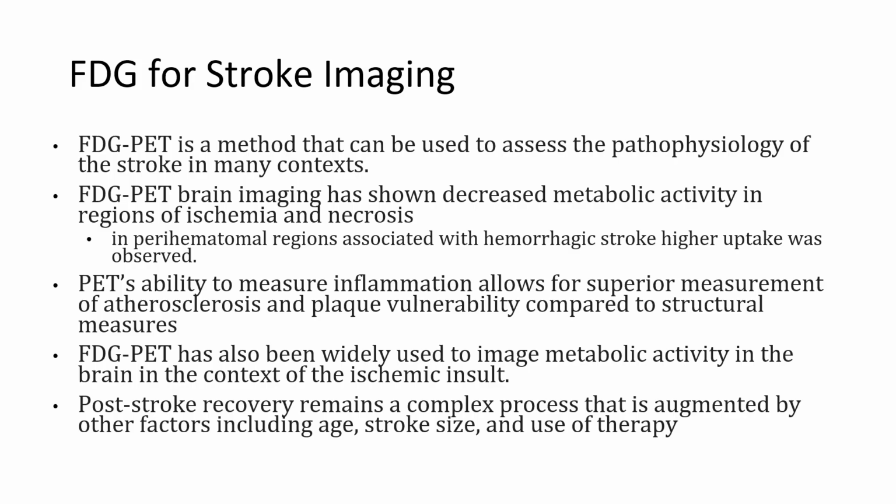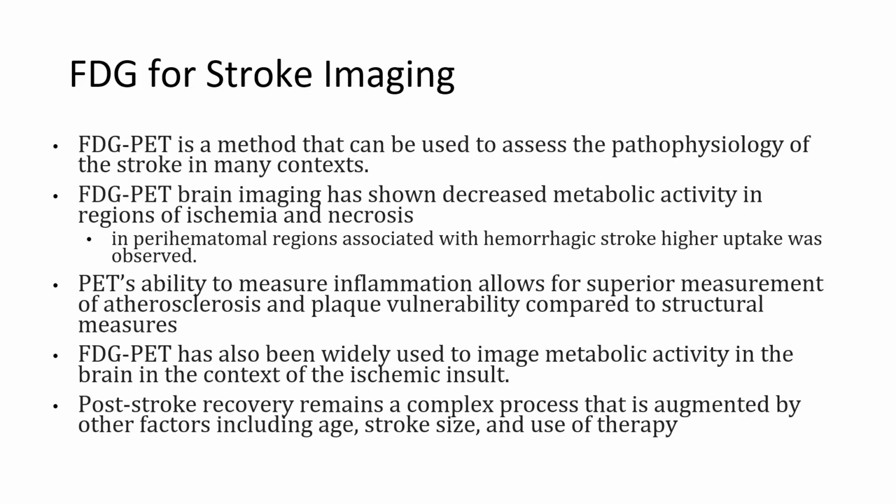It's also widely been used to look at ischemic insult, which is like the effects of ischemia. But post-stroke recovery is a very complex process. Your brain naturally has inflammation there, and that inflammation is part of your immune system to help your body heal. But you have scar tissue forming, you have fibrogens going there, fibroblasts, all those immune cells and cells that help to recover and create scar tissue.